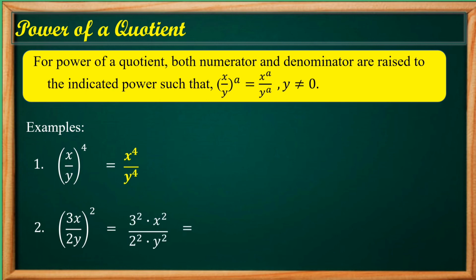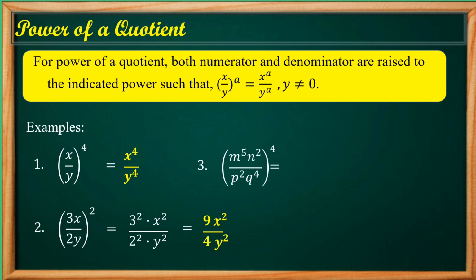Then directly you have here 3 raised to 2 times x raised to 2 all over 2 raised to 2, y raised to 2. Parang dinistribute lang natin yung exponent na nasa labas in each exponent na nasa loob. Okay, 3 squared is 9, 2 squared is 4, then x squared, y squared.